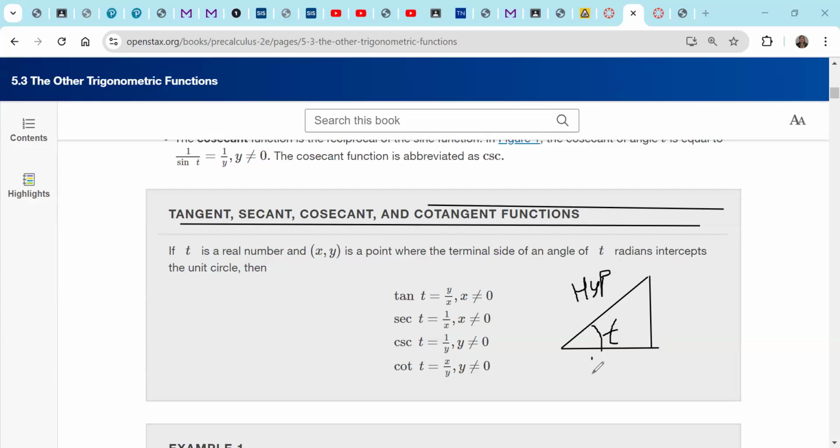This side is adjacent. And this side is opposite. So I'm about to write here the SOHCAHTOA rules.